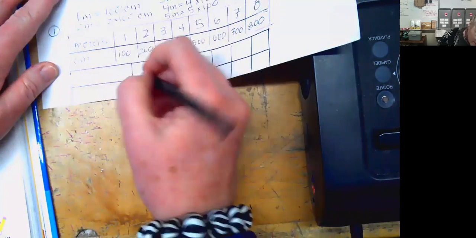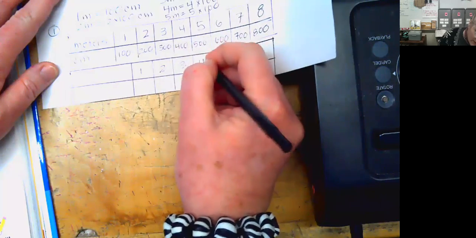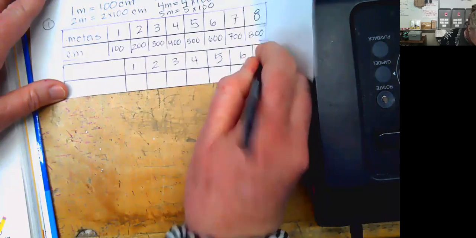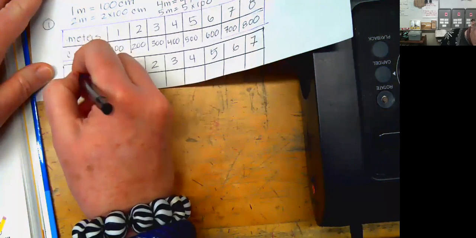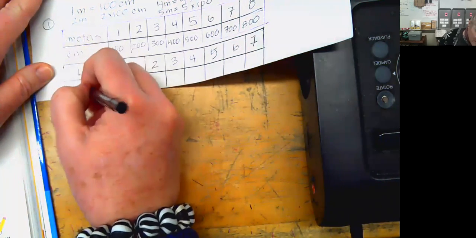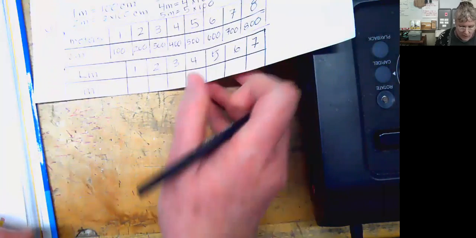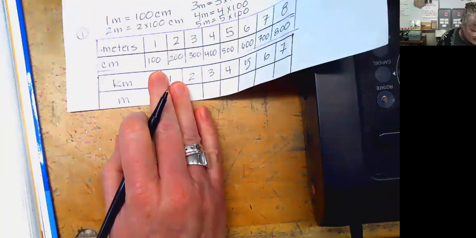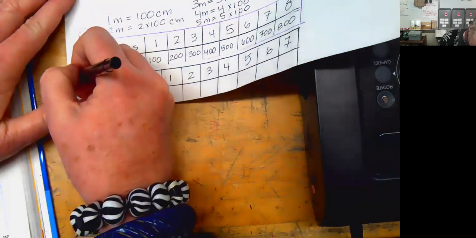Okay, and this time it also says 1, 2, 3, 4, 5, 6, 7. And this time it says kilometers and meters. So let's write down what our conversion is. I'm flipping back to my blue box at the beginning and it says 1 kilometer equals 1,000 meters.